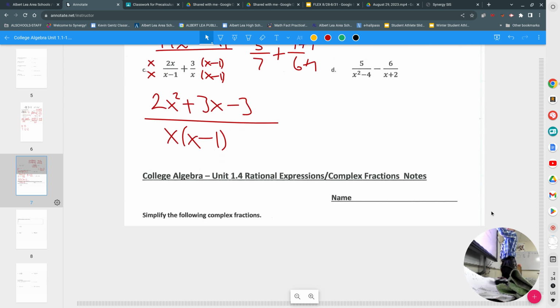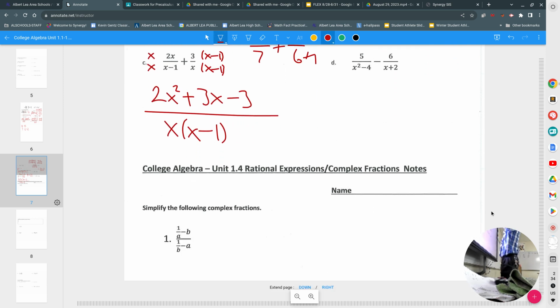And so if you take the opportunity to factor a denominator right away, 5 over x plus 2 times x minus 2 minus 6 over x plus 2, you can now see in this scenario that it is only missing the x minus 2. So I'll multiply top by x minus 2 and the bottom by an x minus 2.